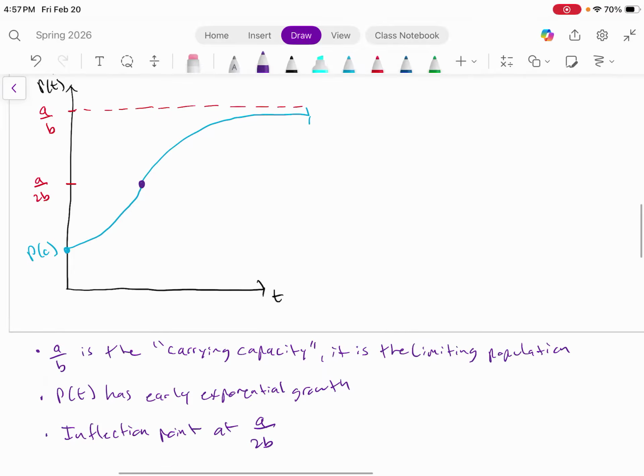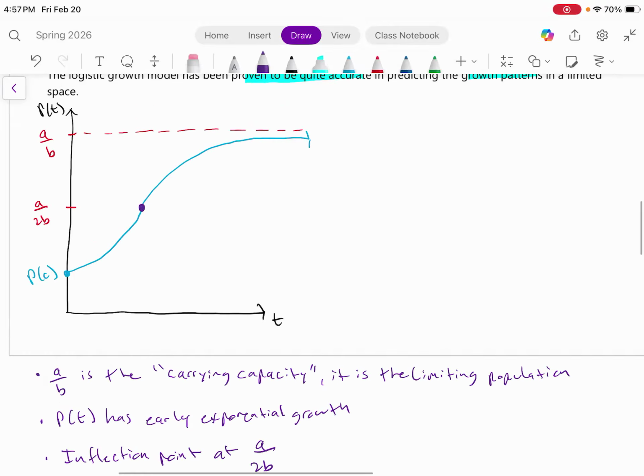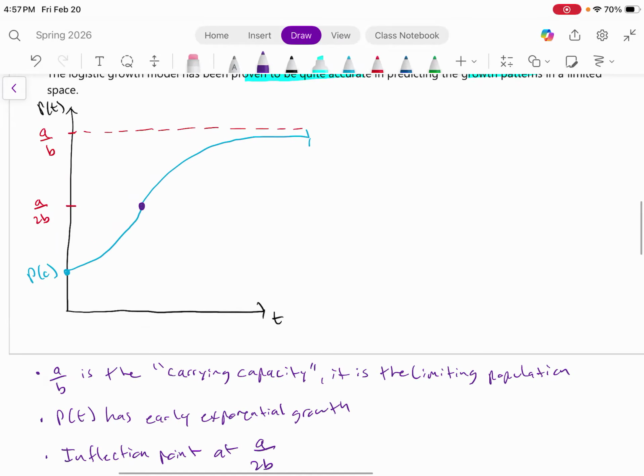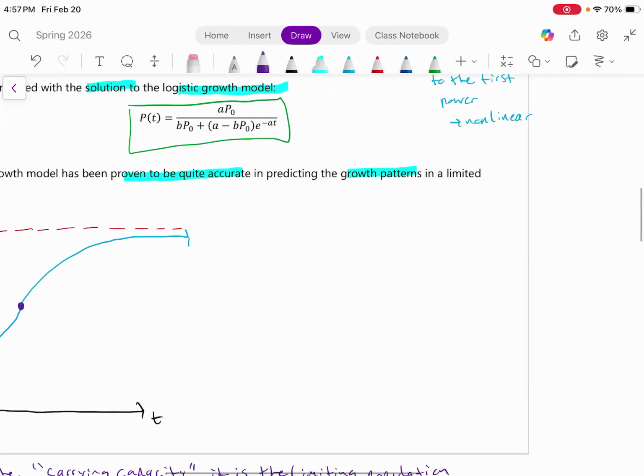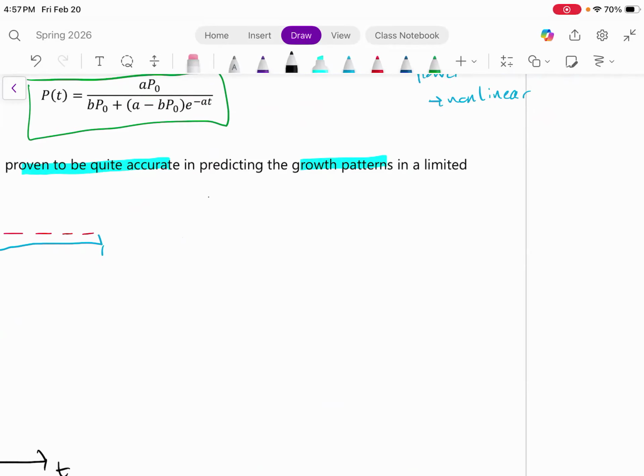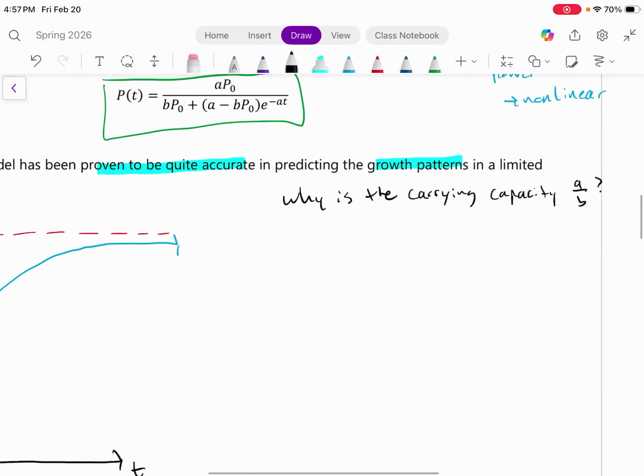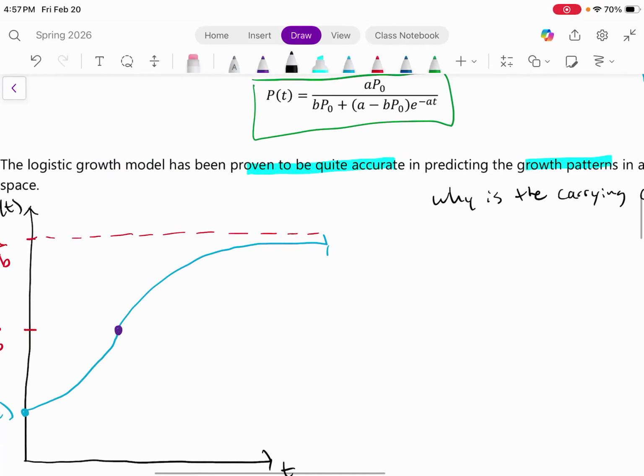Okay, so those are a couple of observations of the logistic growth model graphically, but here's a good question. Why is the carrying capacity a/b? We're talking about population growth over time as time goes to infinity.